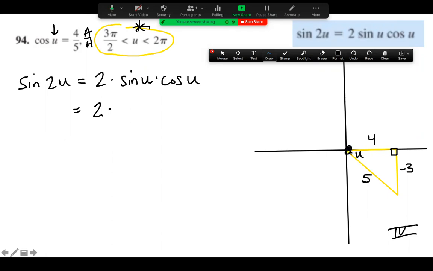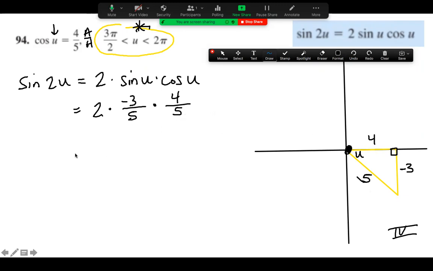So from here, the opposite is -3, and the hypotenuse is 5. That's the sine ratio times the cosine ratio. Remember, cosine's a funky word for adjacent over hypotenuse. The adjacent is 4, and the hypotenuse is 5.